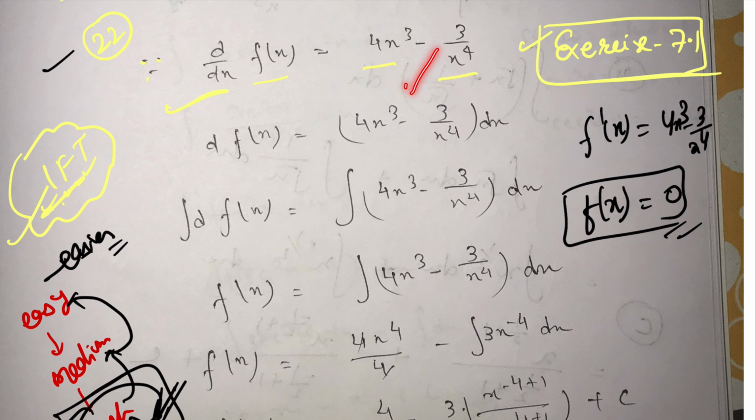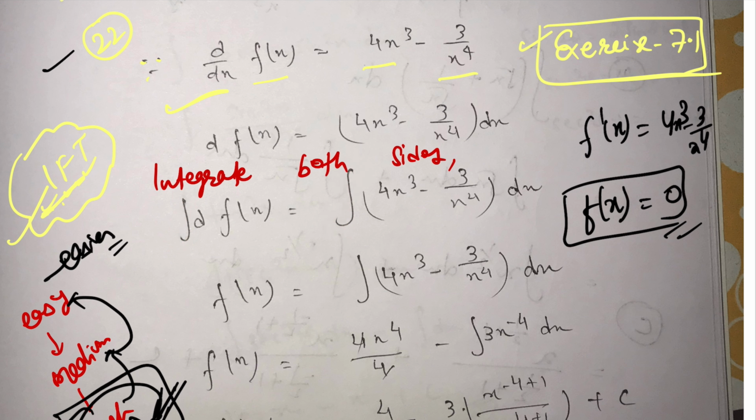That's it. Now we will integrate both sides. You have to write here: integrate both sides. So here also integration and here also integration.